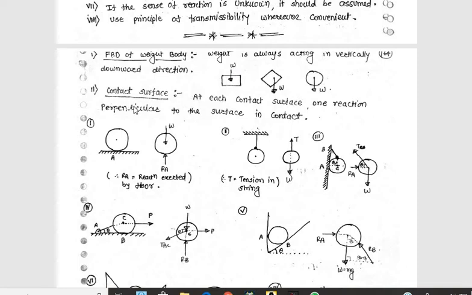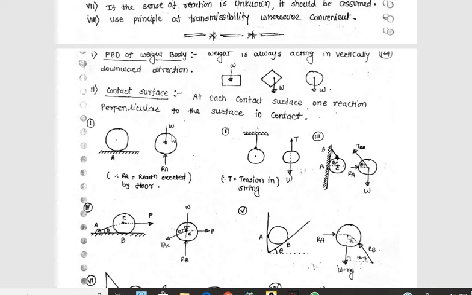Next is the contact surface. At each contact surface, there is one reaction perpendicular to the surface in contact. When two bodies or two surfaces are in contact with each other, a reaction develops, and we call it a normal reaction because it is perpendicular to that surface. Now see, this is a circular cylinder resting on the ground surface.